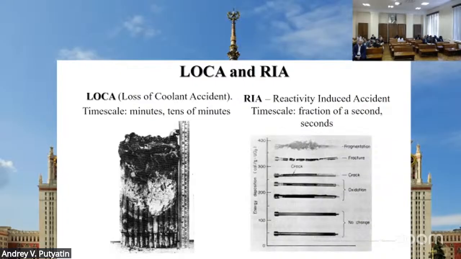When you have a relatively small increase in the reactor power, the fuel rods basically remain the same. As soon as you start to increase the amount of energy introduced into the fuel during the surge in reactor power, finally your zircaloy tubes can start to swell, crack, and eventually fragment.